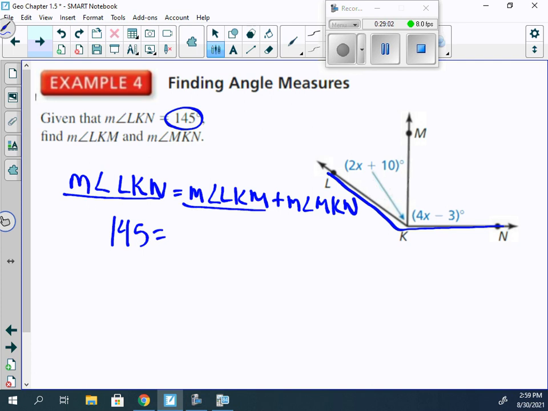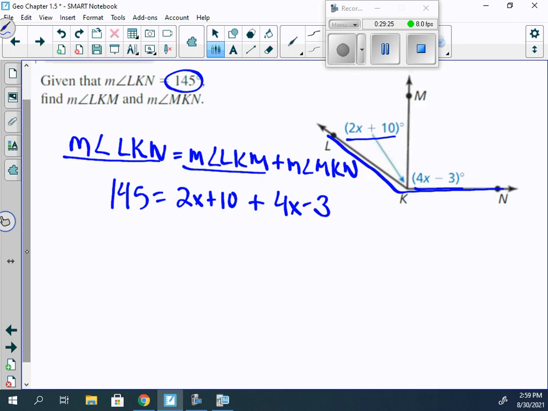What is LKM? 2x plus 10, and the other angle is 4x minus 3. We're really saying 2x plus 10 and 4x minus 3 added together will give us 145. Now, if I find the value of x and plug it back in, it'll tell me its angle measure.